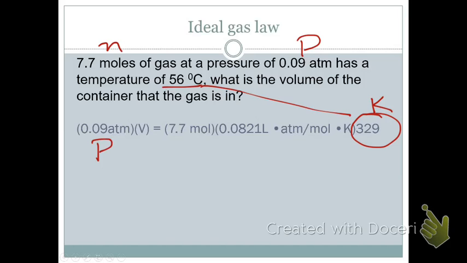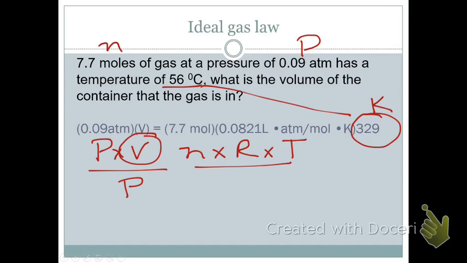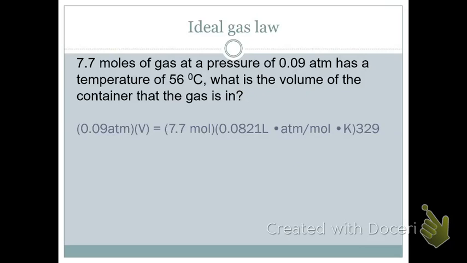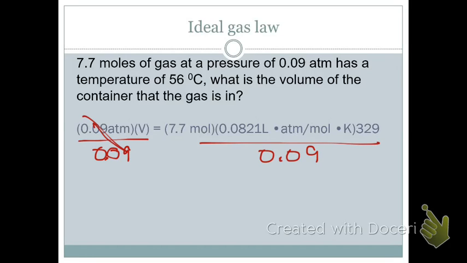So you have your pressure times your volume is equal to N times R times T. Because we want to know what volume is, we're going to divide both sides by the pressure. To make this a little bit easier, we're going to just write 0.09 and divide this by 0.09. This cancels out.